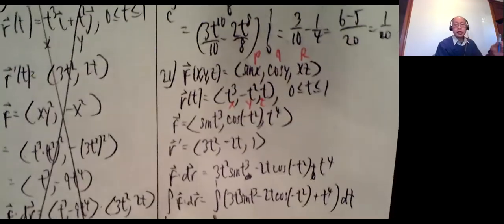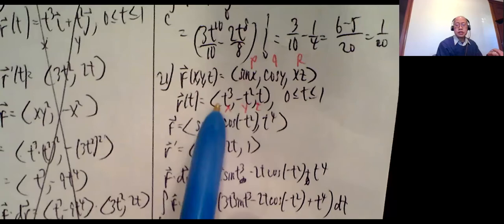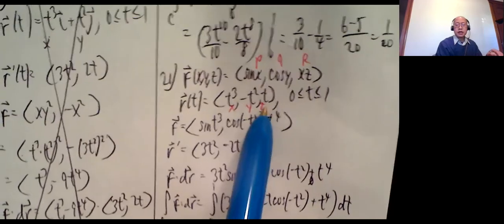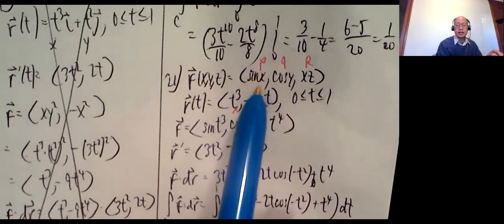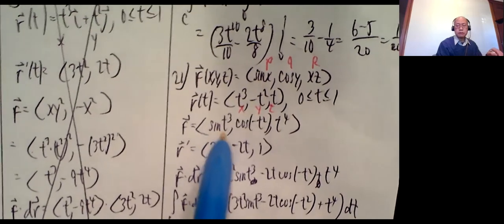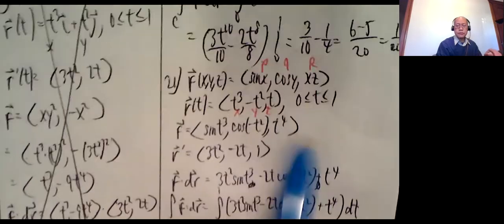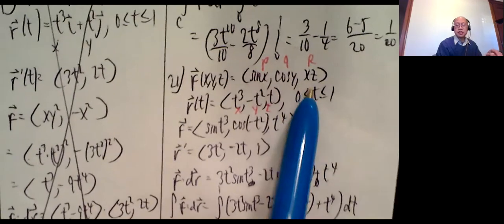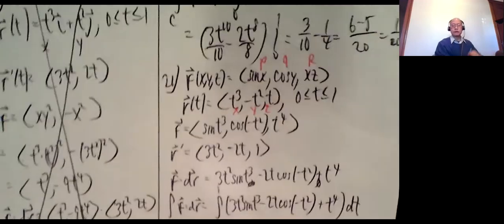All right, so the first thing I do is change x, y, and z into t cubed, negative t squared, and t. Remember, this is a position vector. So that's going to be sine of x is sine of t cubed, right? Cosine of y, that's cosine of negative t squared. And then x times z is t cubed times t, or t to the fourth.